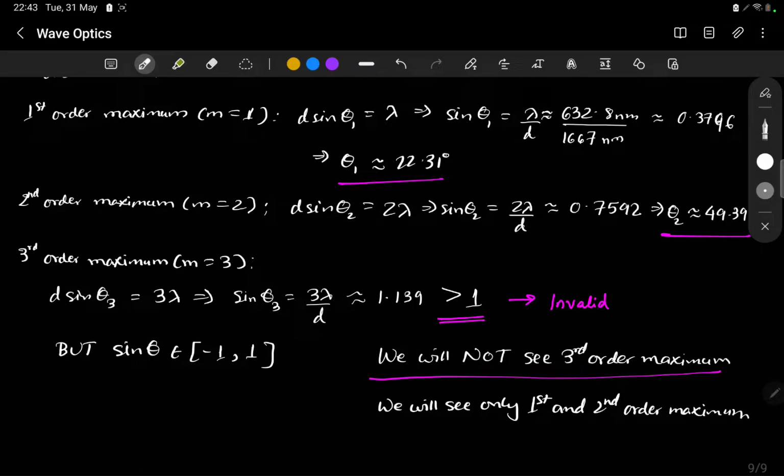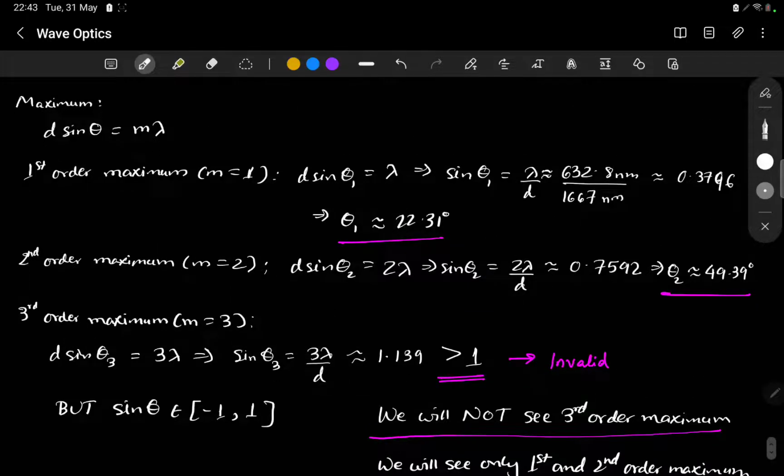Beyond the second order maximum, we will not see any maxima because sine theta cannot exceed 1. So the orders of maxima that we can see are governed by the condition d sine theta equals m lambda, such that sine theta is contained between -1 and +1.